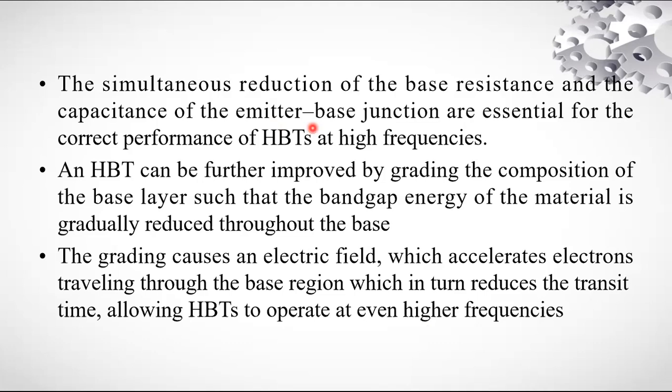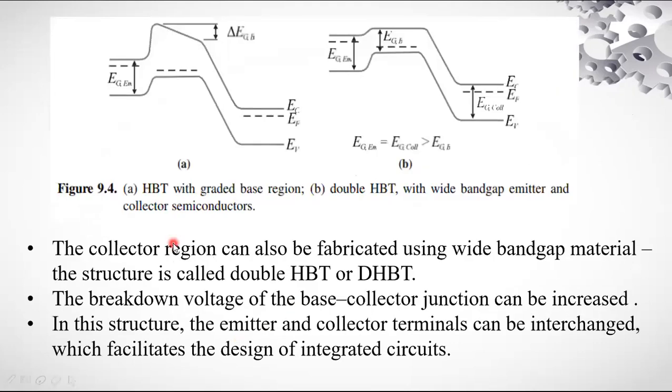Right. Now, another improvement in HBT is by grading the composition of base layer so that the band gap energy of the material is gradually reduced throughout the base. Okay, so look into this diagram. The diagram A shows HBTs with graded base region and diagram B shows a double HBT, a different construction, which I'll come to later.